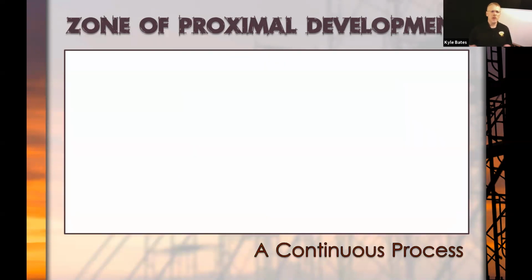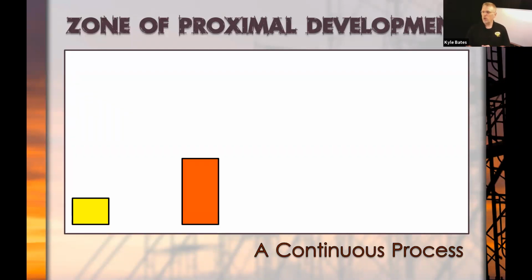So another way to look at the zone of proximal development is that it is a continuous process. So here we have the actual development level, and here we have what we want them to learn. And you see there's a big gap between those two. You can't just go from A to B. Even though on that slide we show going from A to B, that's nice, but there has to be a way to get there.